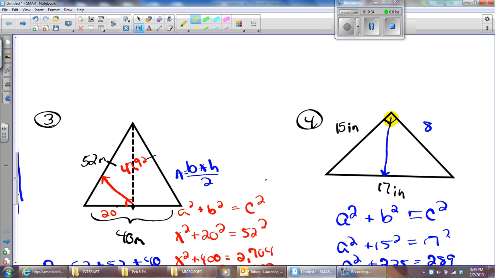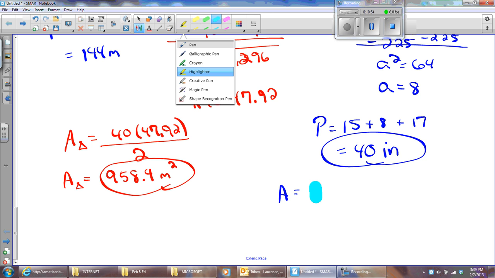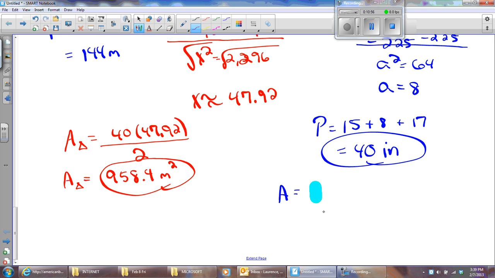Well, the 15 and the 8, and notice how the right angle turned green, because when the yellow and blue mix together, they make green. So, my base could be 15, whoops, sorry. My base could be 15. My height could be 8. I'm going to divide by 2.